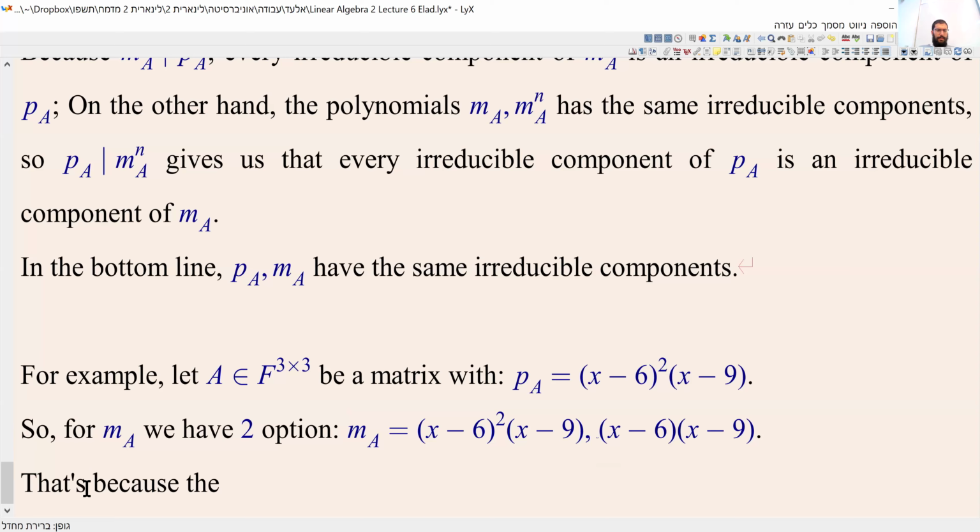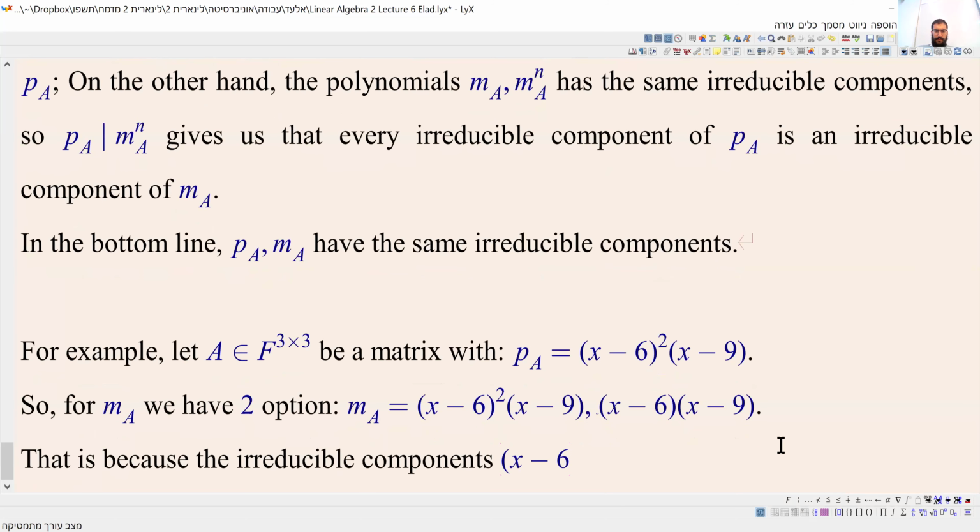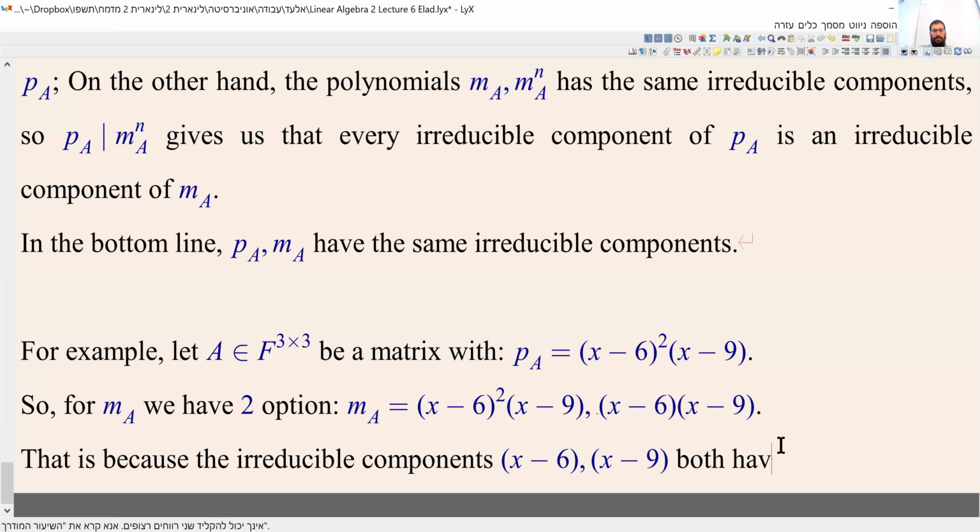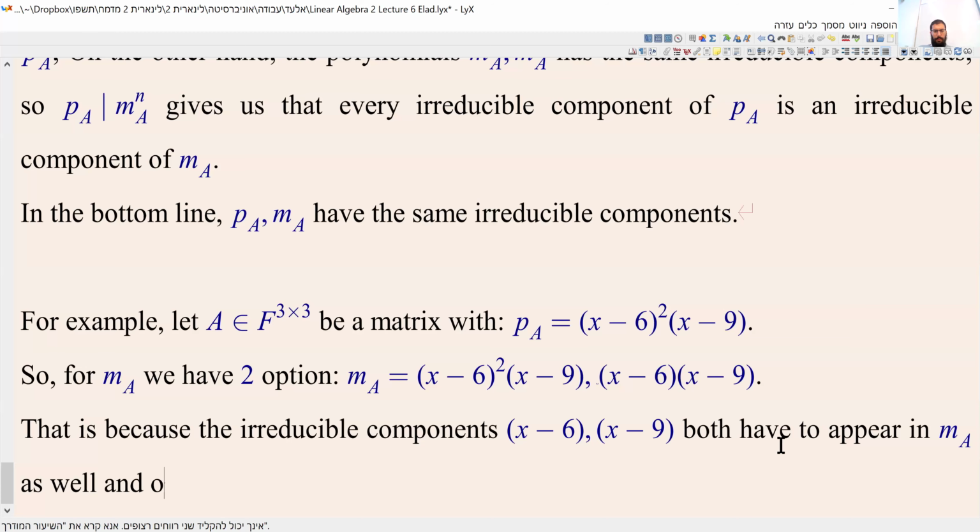That's because the irreducible components x minus 6 and x minus 9 both have to appear in MA as well. And on the other hand, no other components can appear.